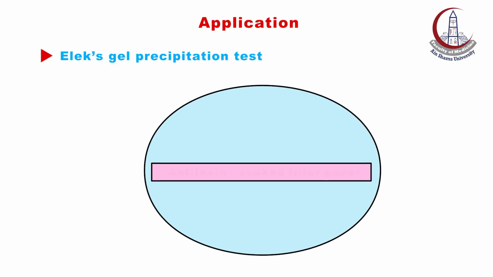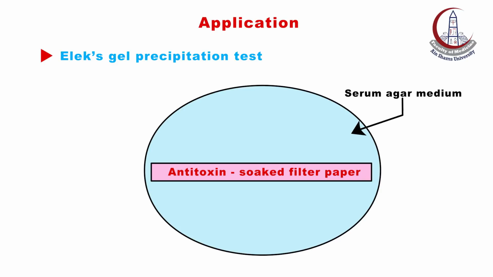In this case, a sterile filter paper is impregnated with the diphtheria antitoxin, the antibody to diphtheria, and is embedded in the serum agar culture medium. Isolates of Corynebacterium diphtheriae, the organism, from the throat of a case or carrier are then streaked across the plate at right angles to the antitoxin strip.